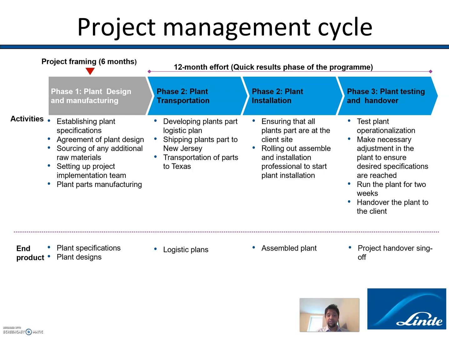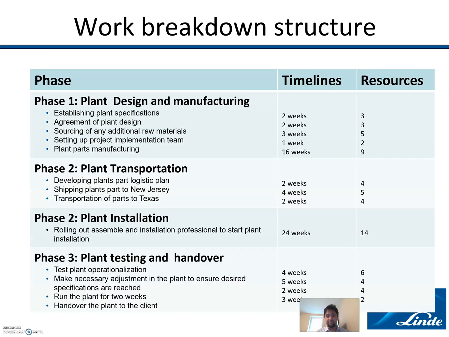One is plan transportation and the other one is plan installation. And for the third phase, it's going to be plan testing and handover. The main reason we have differentiated phase 2 into two independent phases is because of the planning it will take and the different experts, but later it will still be accumulated in a single phase.